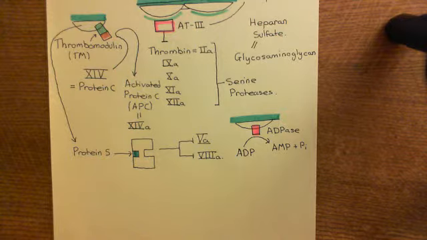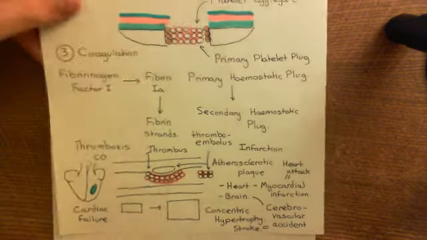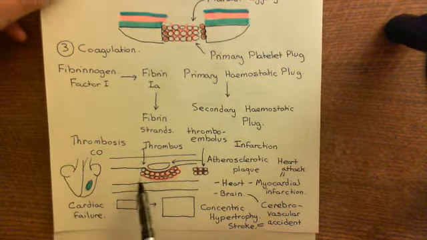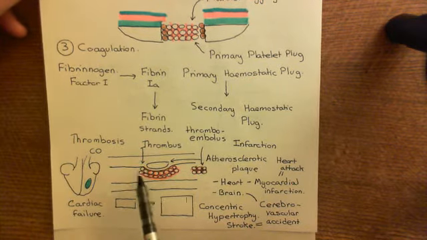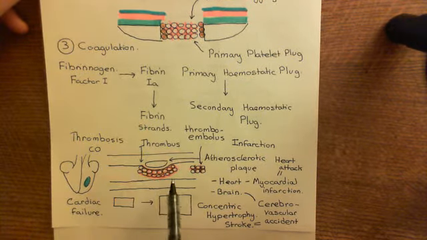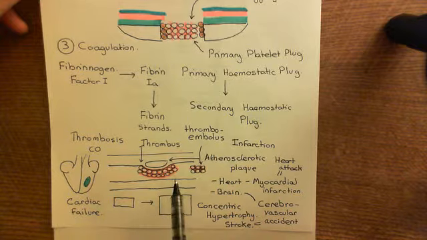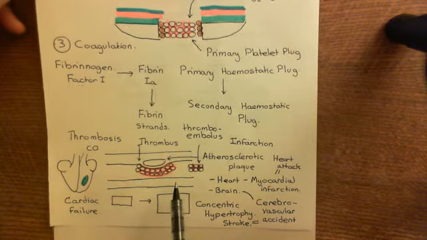When you form a thrombus within a blood vessel, not only does the thrombus stand a good chance of occluding the blood vessel directly, but the thrombus will also be releasing thromboxane A2, and that will cause the constriction of the blood vessel anyway. So that's going to make matters worse, basically.